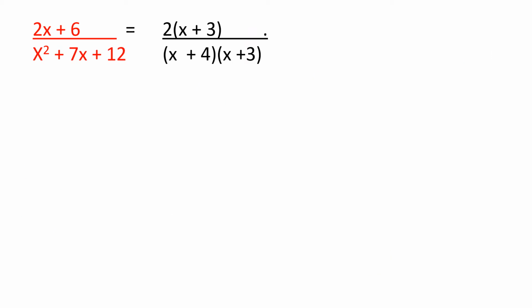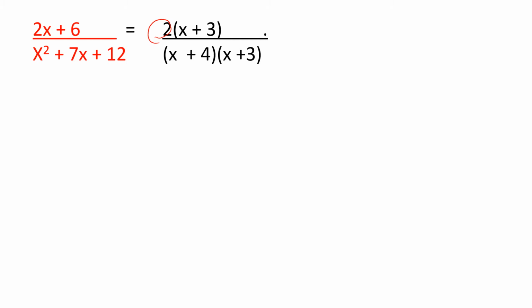So here in the red, I have this rational expression, and what I've done there in the black is I factored it, right? There's a common 2 that factored out, right? Factored this 2 out of the first expression, and then the trinomial factors to be x plus 4 times x plus 3.